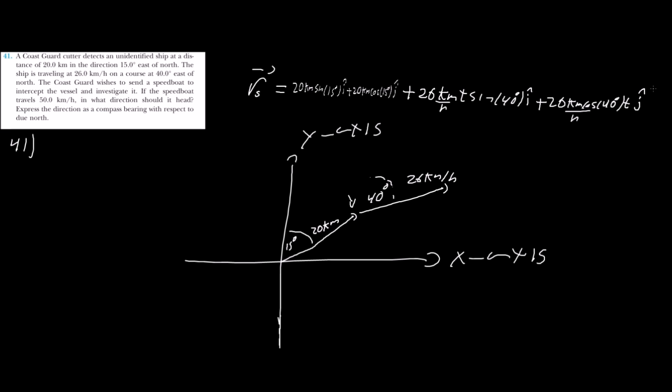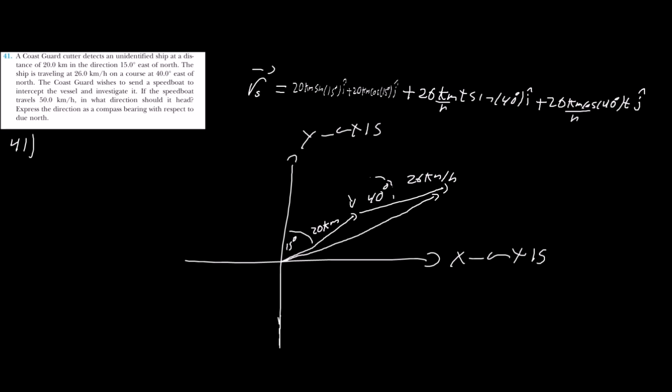Now what's going to happen is the Coast Guard is going to send a speedboat to intercept the vessel and investigate. So it's going to want to travel from this point to that point, and catch up at that exact same position. This is where it starts when t equals 0. This vector is going to increase.